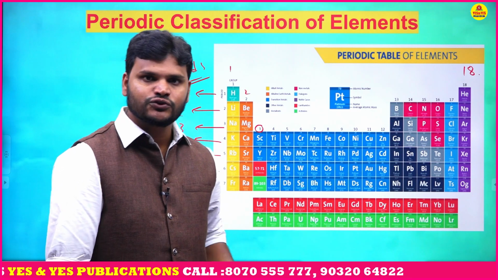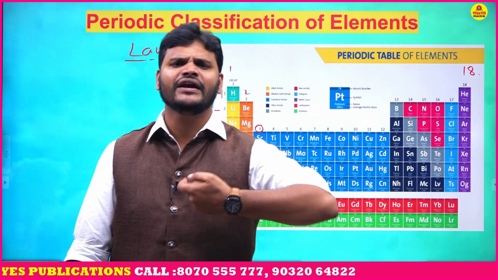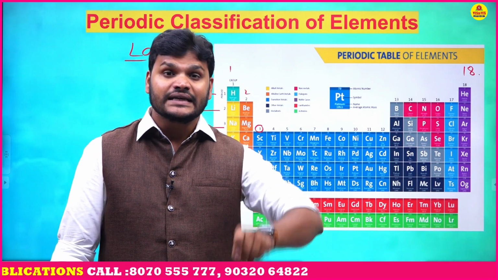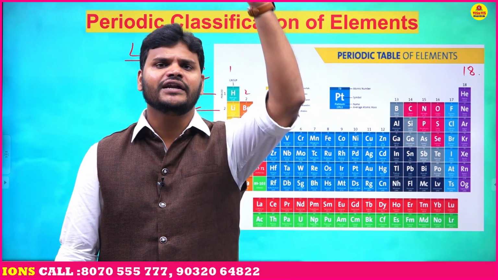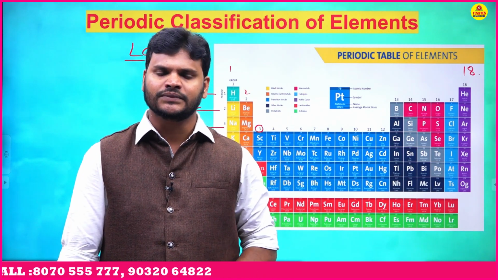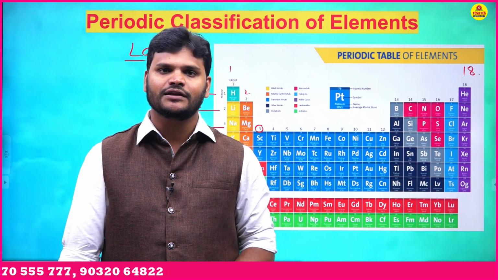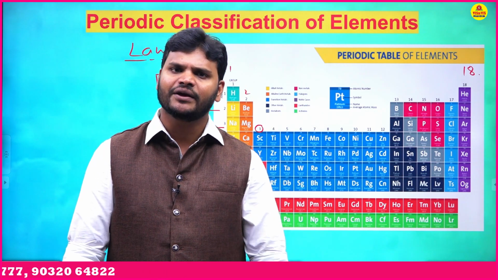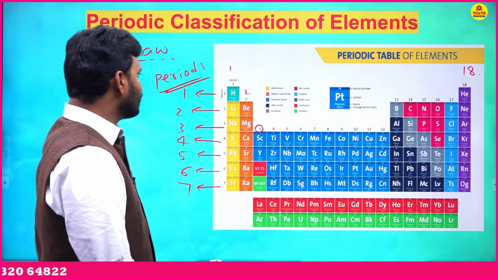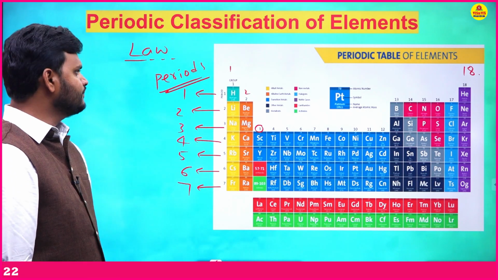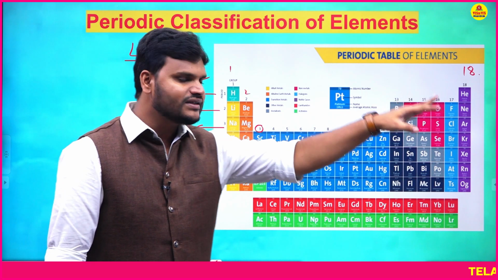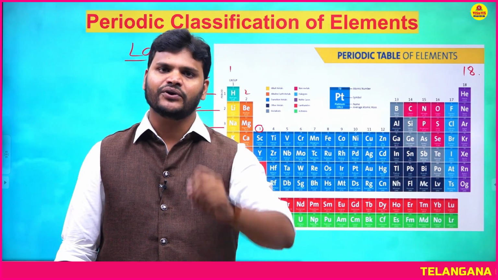Here lithium, sodium, potassium, rubidium, cesium have similar properties. Similar properties elements fall within the same vertical column, and dissimilar properties elements are separated. Are you getting my point? So a group is nothing but a vertical column and a period is nothing but a horizontal line. This is an important point.